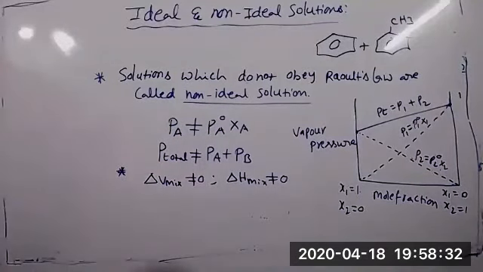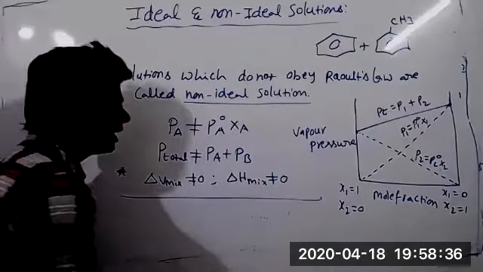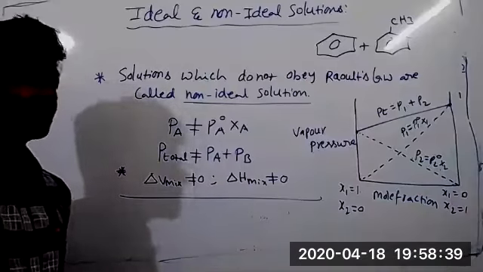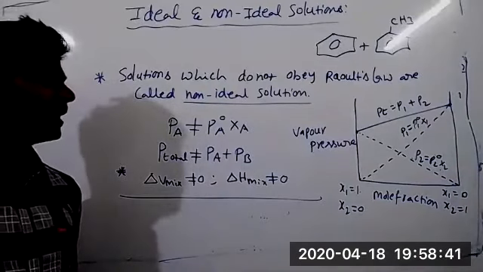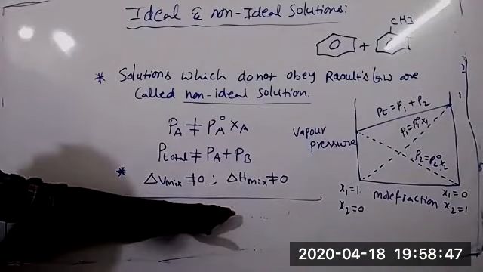What are the examples, sir? It has examples. Wait, first of all, if you write up to here, later non-ideal solutions are classified into 2 types: positive deviation and negative deviation. Completed till here?